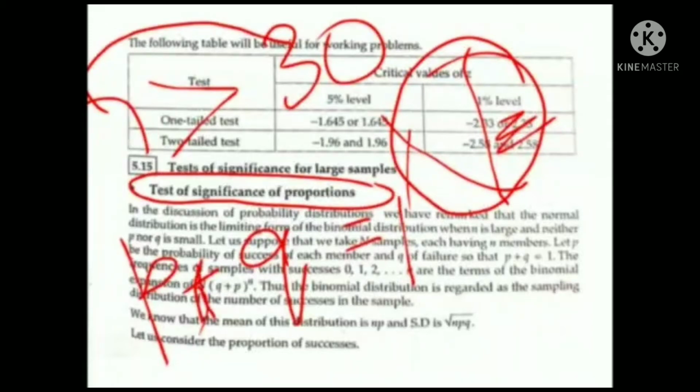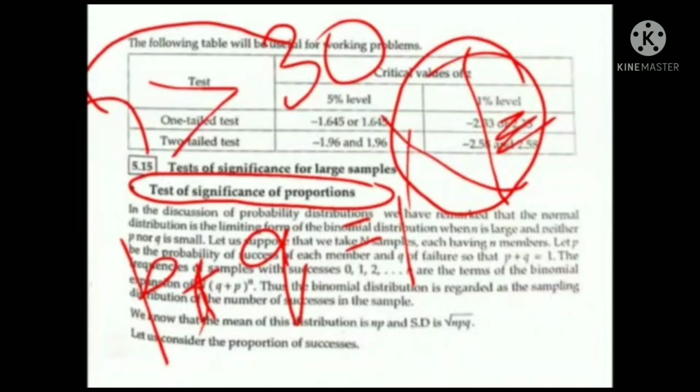That means it follows a binomial distribution. One should remember the limiting case of the normal distribution is the binomial distribution, which you might have studied in your third module, that is probability distributions.